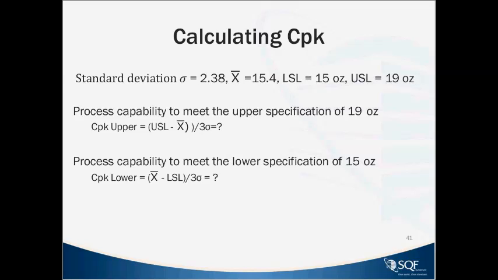We already said our mean was 15.4. You saw that in the graph before. Our lower spec limit, our stated weight, is 15 ounces, and they don't like to go higher than 19 ounces. So our spec is basically 15 to 19 ounces.